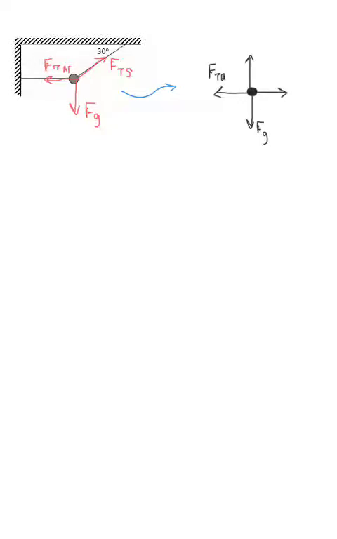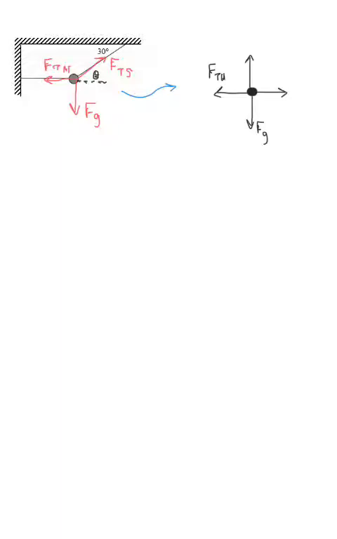And using trig, we can see that if we go back to the original free body diagram and draw a dotted line in the x-axis, that this angle right here, which I'm going to call theta, is exactly the same as the 30-degree angle right there, because this angle and this angle are alternate interior angles, if you remember that from geometry class.